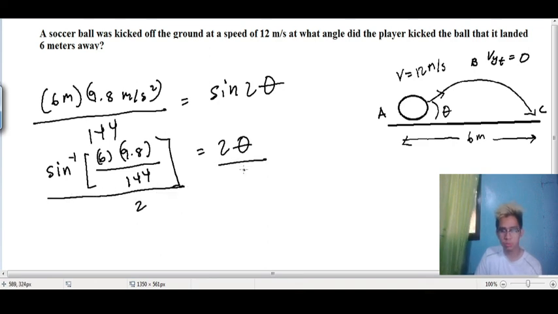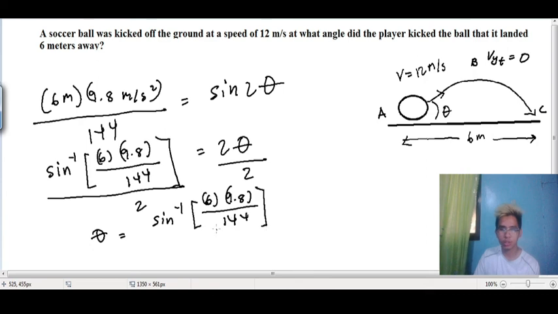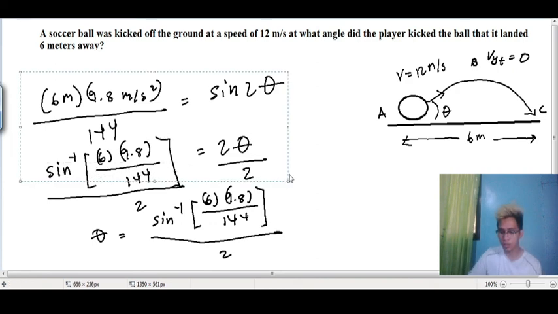So the final equation here is theta is equal to sine inverse of 6 times 9.8 all over 144, all over 2. So you can directly insert the values in the calculator.